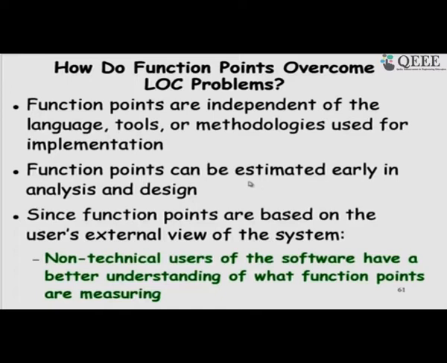Therefore, we want something that can be measured from the requirement specification document, and that too quantitatively, so that different developers measuring one project will more or less agree and get the same value.